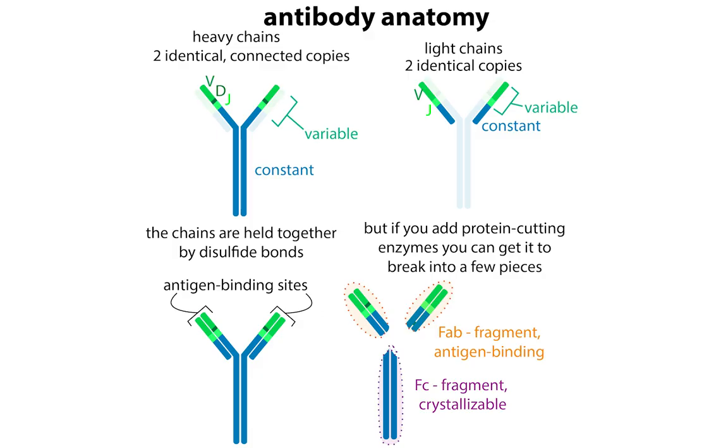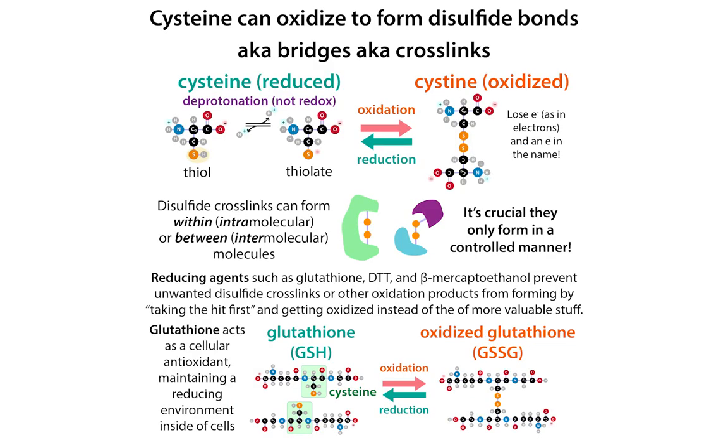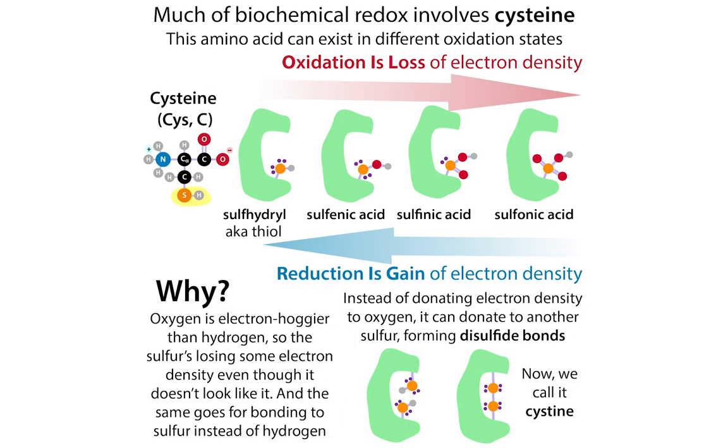Those antibodies need to be really sturdy as they move around the body, and so they're held together by these crosslinks. So these crosslinks are going to be strong and specific, but we have to make them in a controlled manner. And they're typically not found inside of cells because of the reducing environment. And that reducing environment is there to protect our cells.